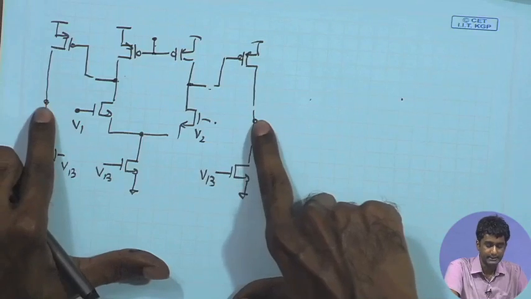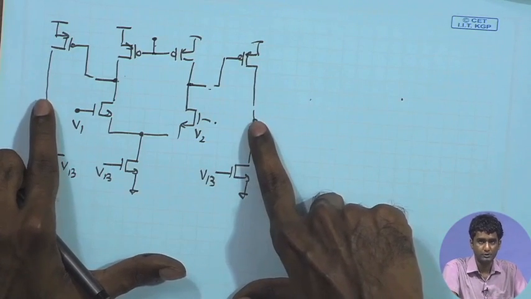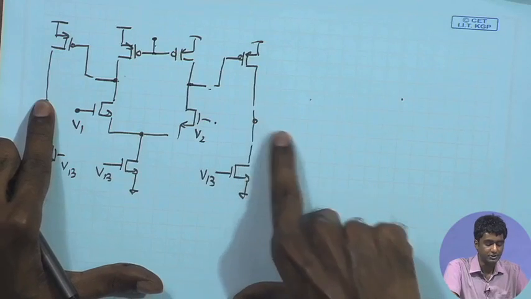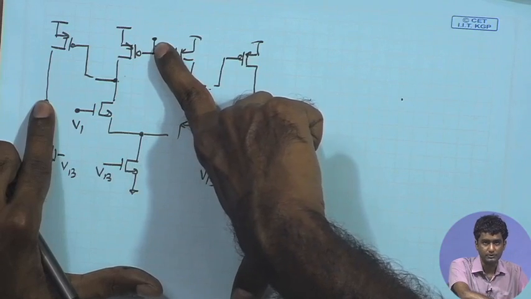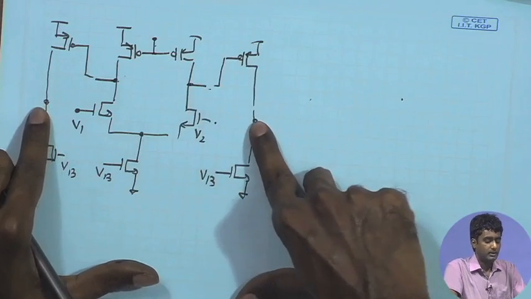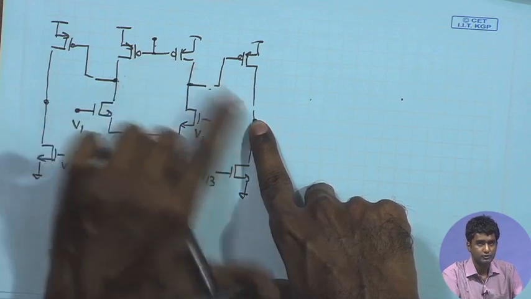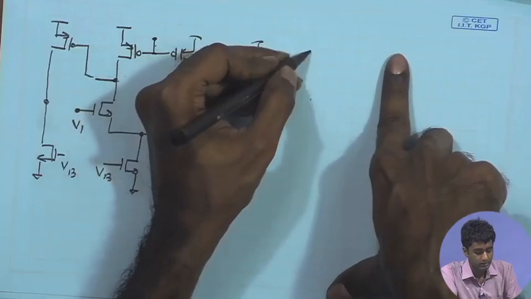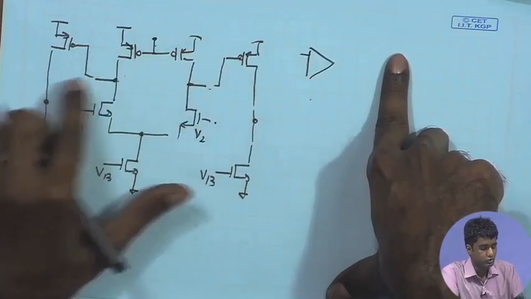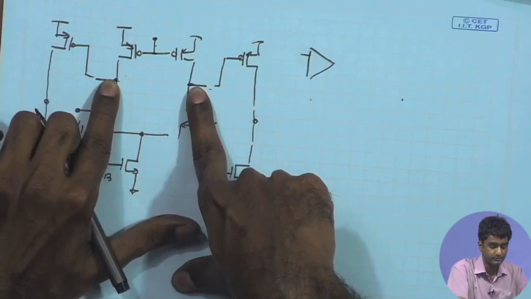I can just sense the two outputs over here and extract the common mode corresponding to these two outputs, and then generate the error signal, which is going to control the bias point of the PMOS. But a safer option would be to control these two DC points separately. That means, I would use a first error amplifier to control the DC bias point of the output of the first stage separately.